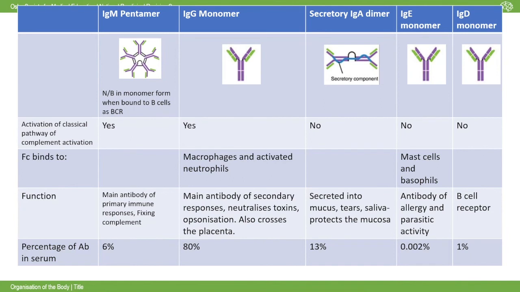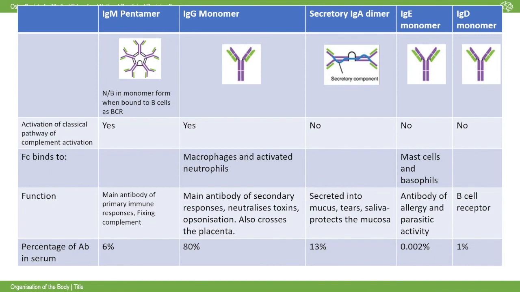Now, a mainstay of Part A questions is a real focus on the different isotypes of our antibodies. So I've put together a summary table of everything they would normally ask you to do with the different types of antibodies. Just to draw your attention to a couple of points. The IgM pentamer, so IgM, which is a particular type of antibody, is often found in a pentamer.